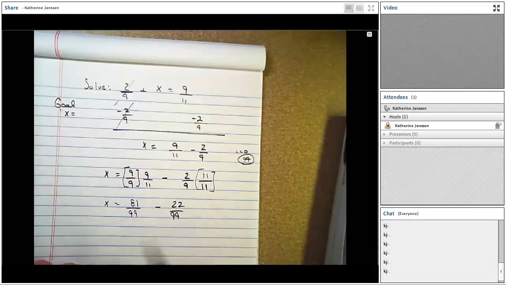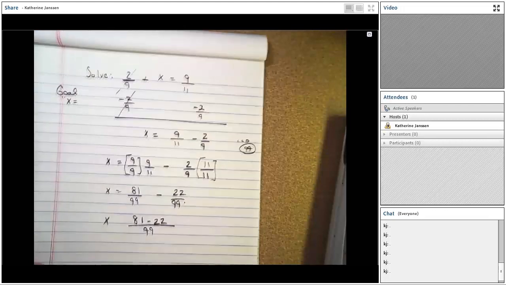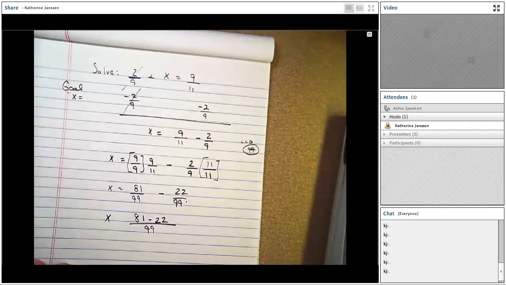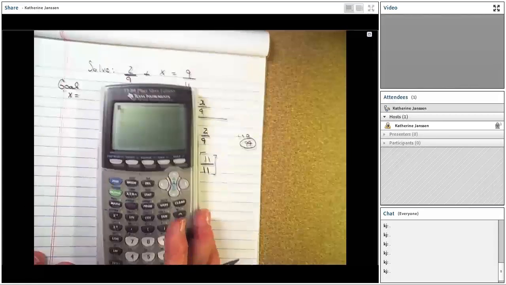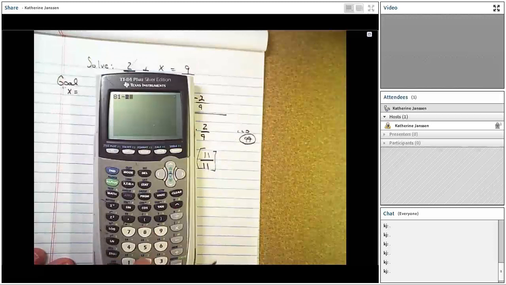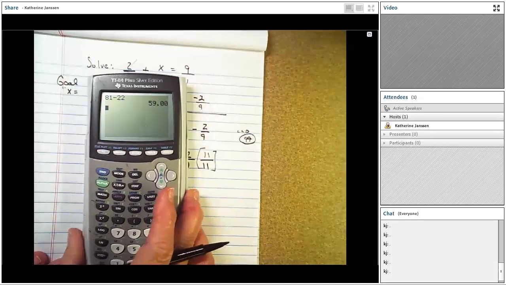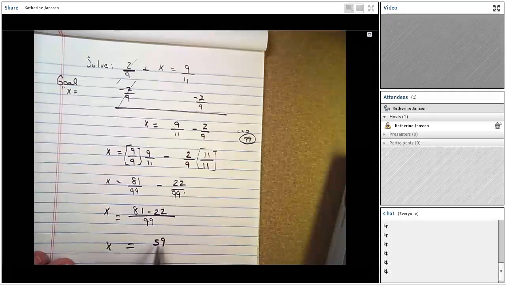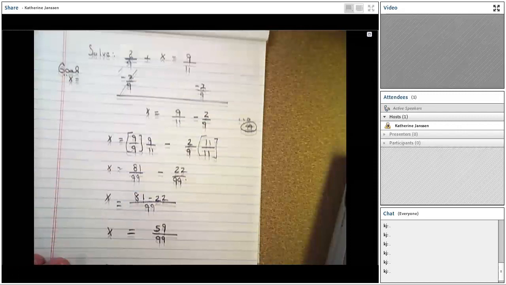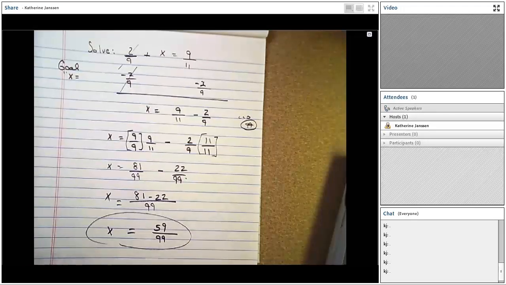I now have a common denominator, so I can subtract my numerators all over my common denominator. 81 subtract 22 is 59 over 99, and 59 is prime. So we have our answer at 59/99.